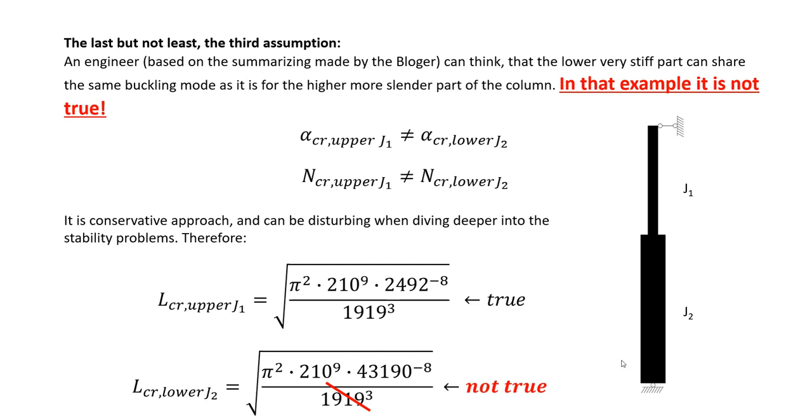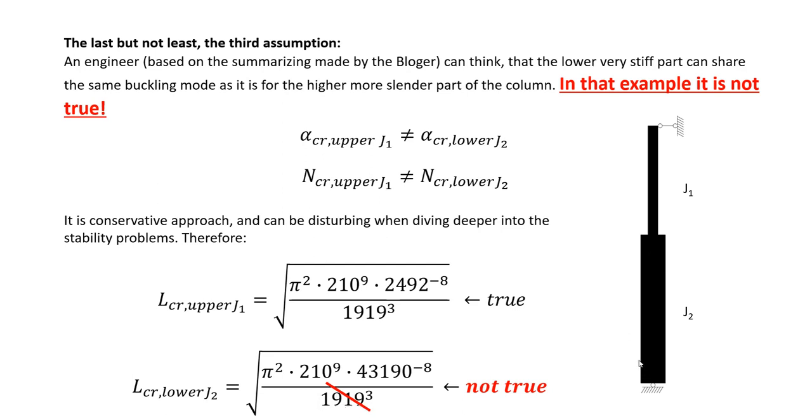It has to be said very clearly and very loudly: the alpha critical relevant for the upper part of the column doesn't equal that for the lower part of the column. Therefore, the effective length can be calculated using this critical force for the lower part.